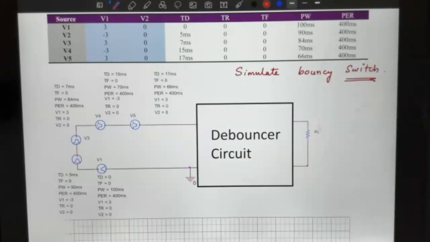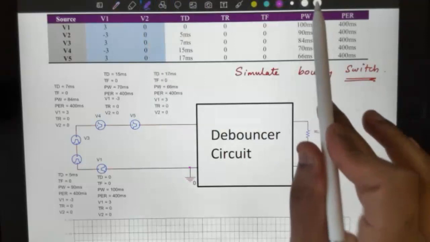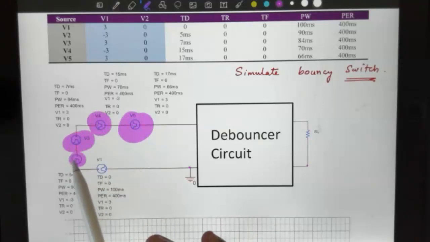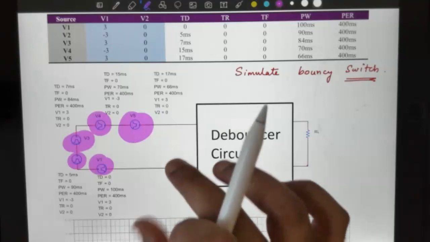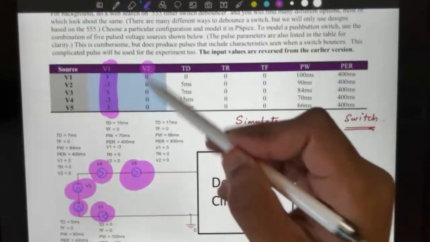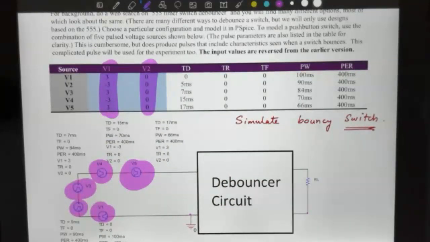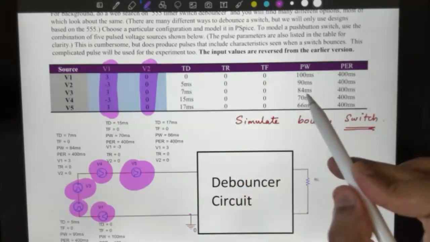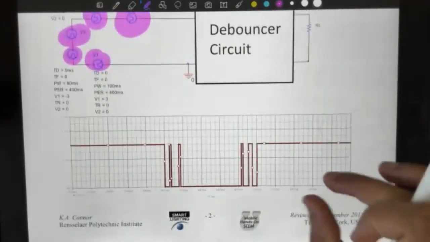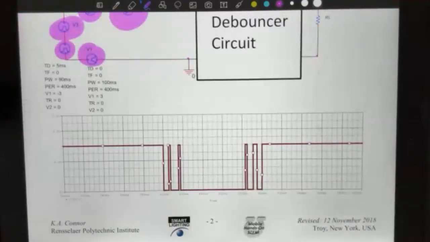Well, we can model a bouncy switch by using several voltage sources. You can see over here there are 5 voltage sources that have been connected back to back, and we have made sure that the low and high voltages and the time periods, the pulse widths, are set in such a way that all those voltage sources combined give you an output like this.